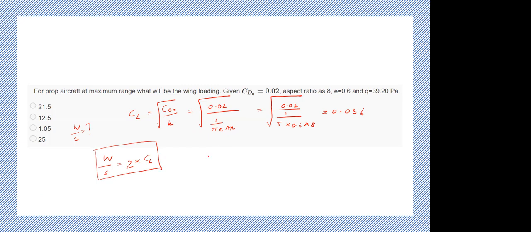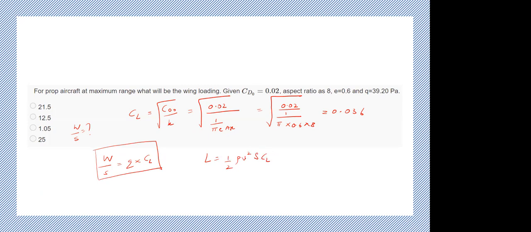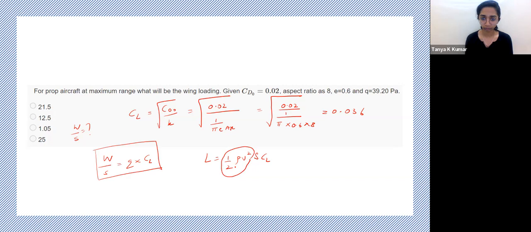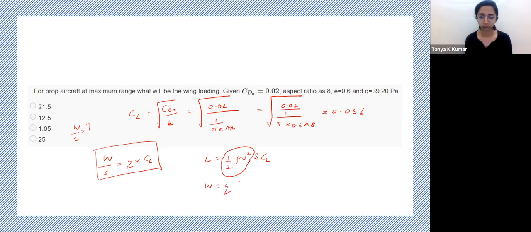Ma'am, lift equation is 1 by 2 rho V square S CL. Yes, so this is Q. If you take lift equal to weight, you will have W equal to Q S CL. And from there, we have W by S equal to Q CL.